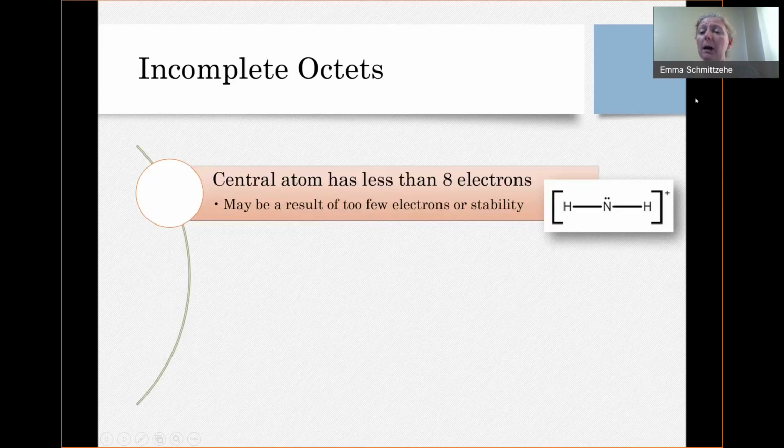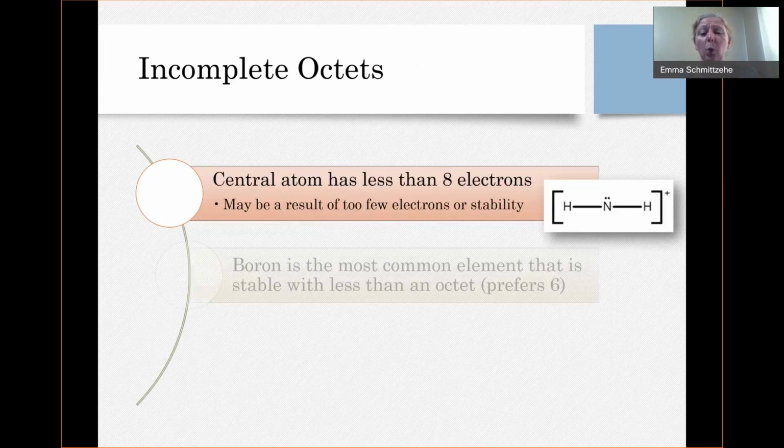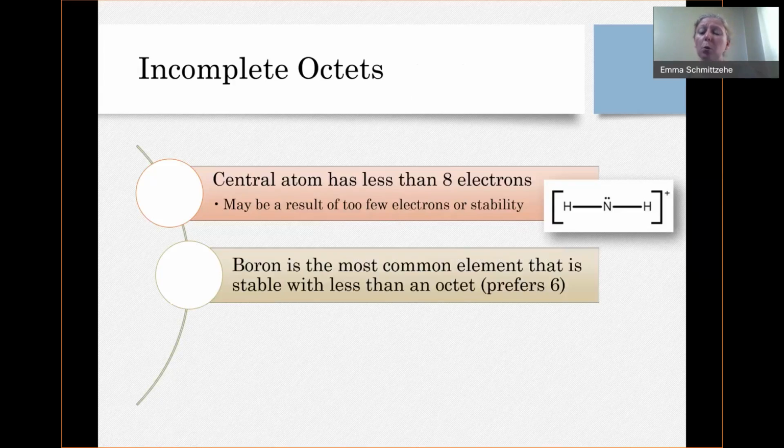But like I said, there's some elements that just favor this, and one of them is boron. Boron's really the most common one that you would run across that prefers to have less than an octet. It really prefers to have 6. If you draw the Lewis symbol of boron, you'd see this: B, and then 3 dots.